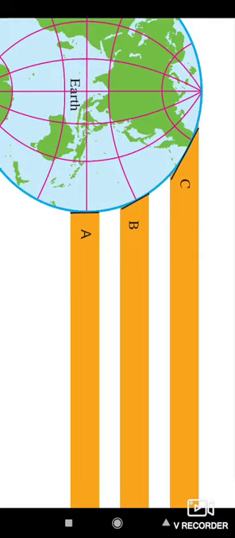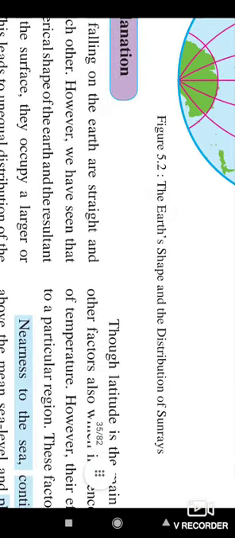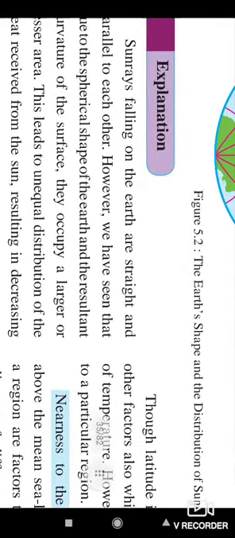And at the north pole it receives hardly any sunlight, so it does not get much heat from the sun. So the temperature at the north pole regions is very low. There snowfall mainly occurs, and the lands are covered with snow.